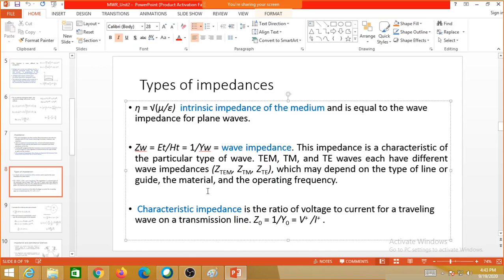For a particular mode, we call the limiting frequency the cutoff frequency or cutoff wavelength, which we already saw while discussing planar transmission lines. For a particular TE10 or TM10 mode there is a particular cutoff frequency or wavelength, and based on that we operate the waveguide in a particular application.